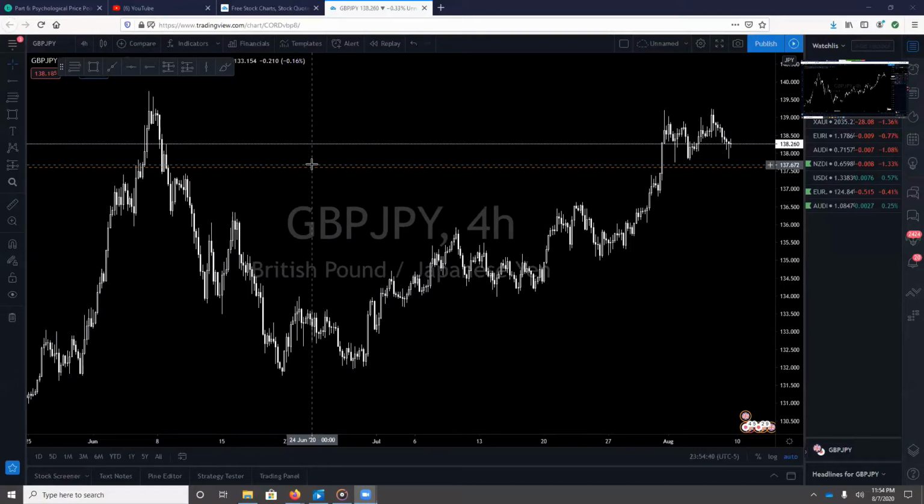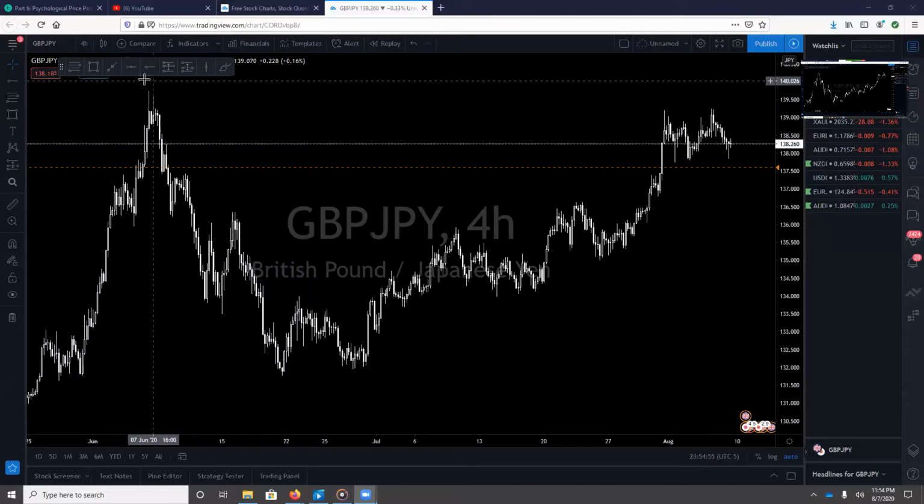I mean, obviously, they may not be 100% accurate, but these are levels where price has the potential to either retrace or be rejected from, or to break through.